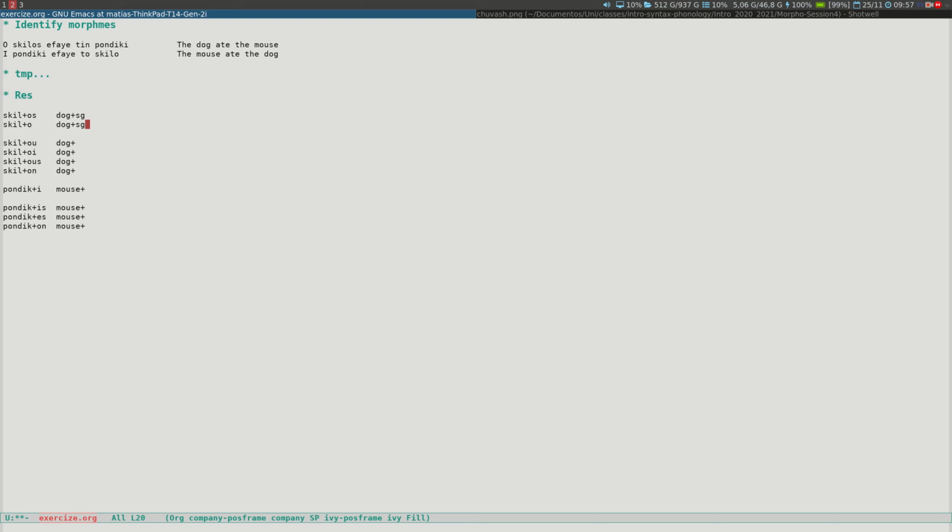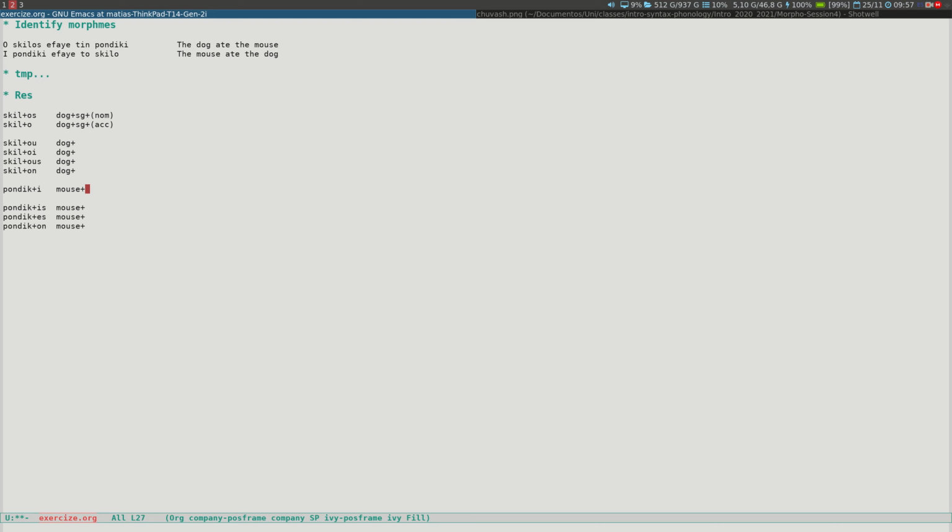So we go by that. We can be fairly confident it's singular. We can start to suspect certain things additionally. We see that here's a subject, the dog doing the action, and the mouse is the object. So we can provisionally say that skilos is probably something like a nominative, which is the subject, and then skilo might be something like an accusative.